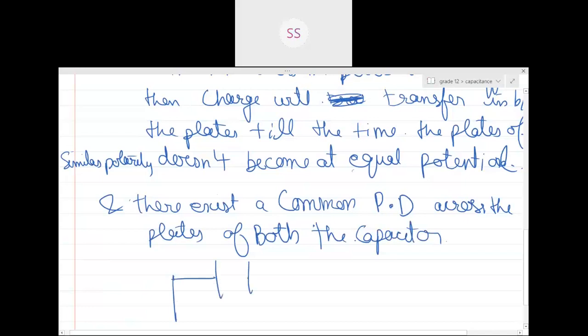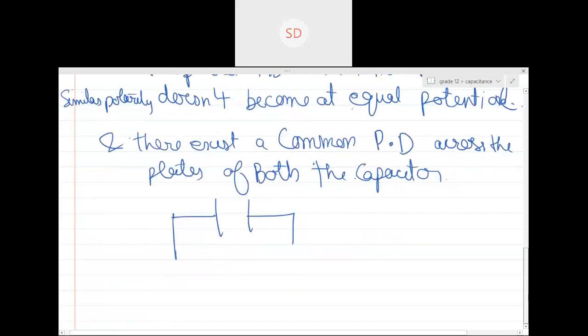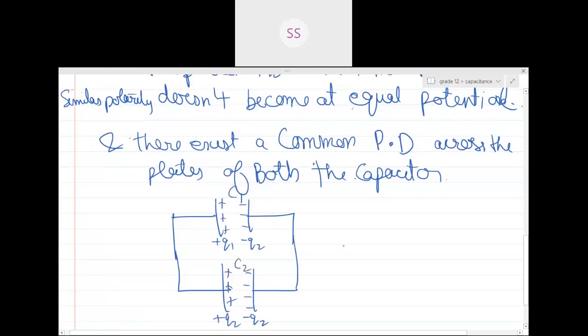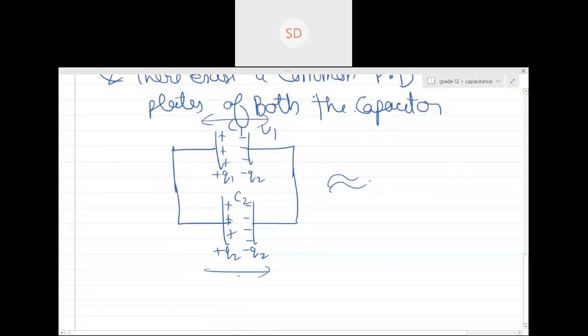Here initially the potential difference across the plates was V1 and across the other was V2.